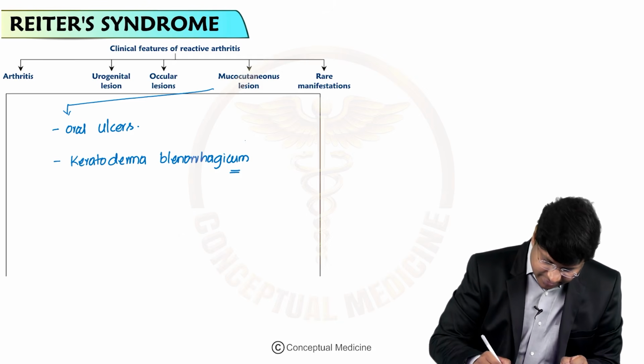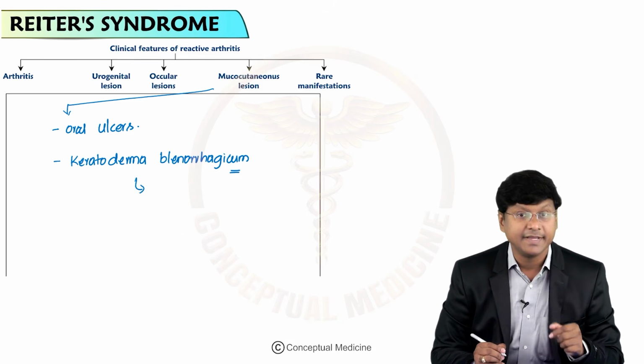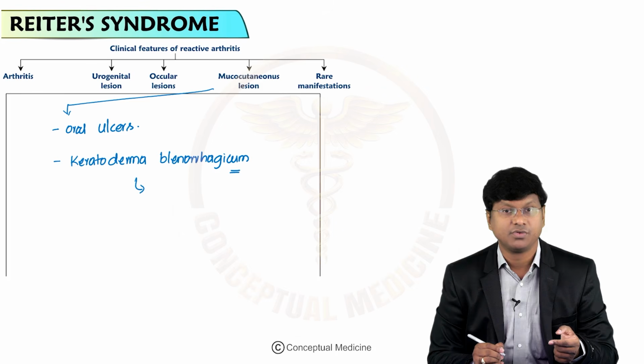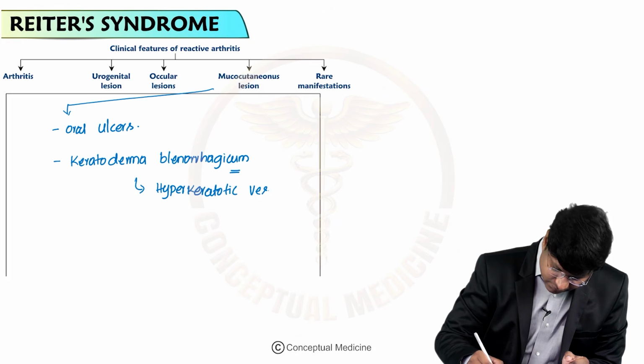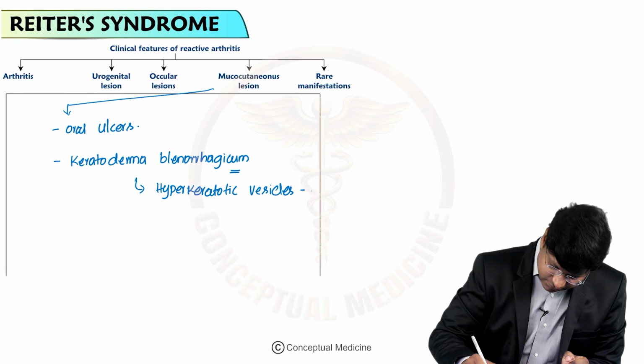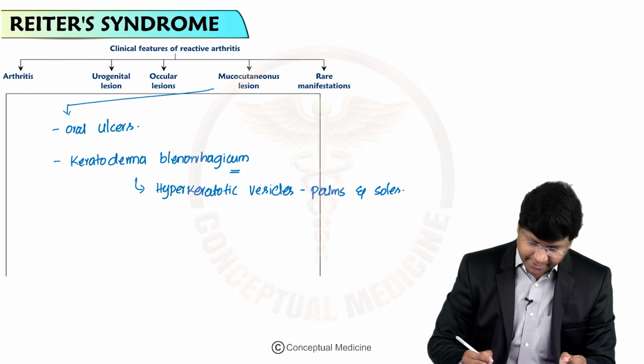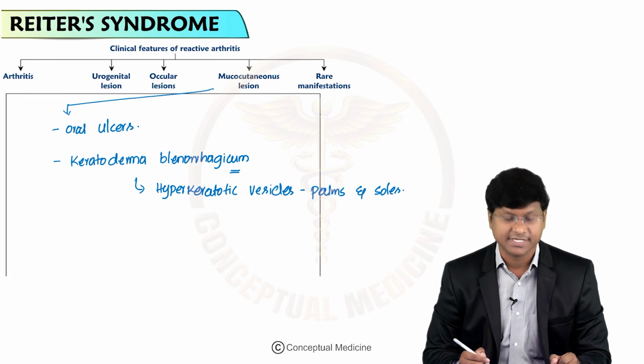So what is this keratoderma blennorrhagicum? It is the hyperkeratotic vesicles over the palms and soles.